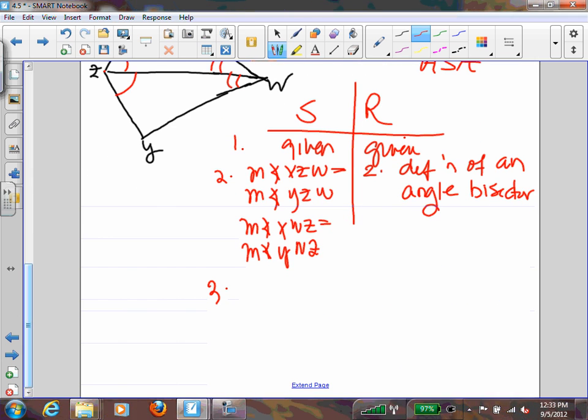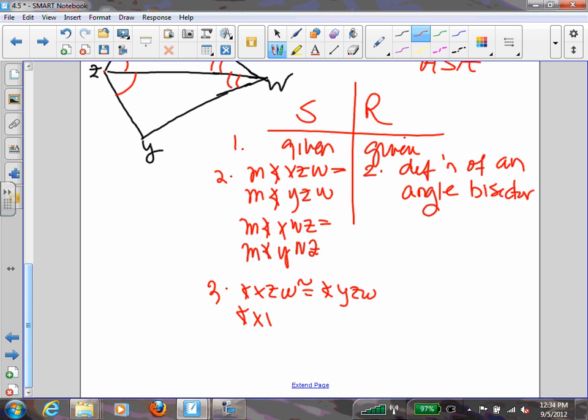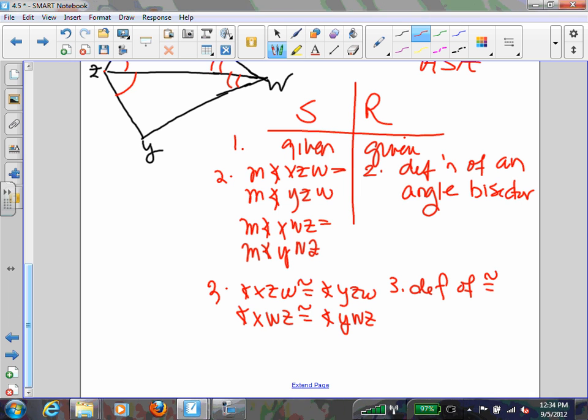Would you agree? So the next statement would say that angle XZW is congruent to angle YZW, and angle XWZ is congruent to angle YWZ. Okay, and that's just the definition of congruence.